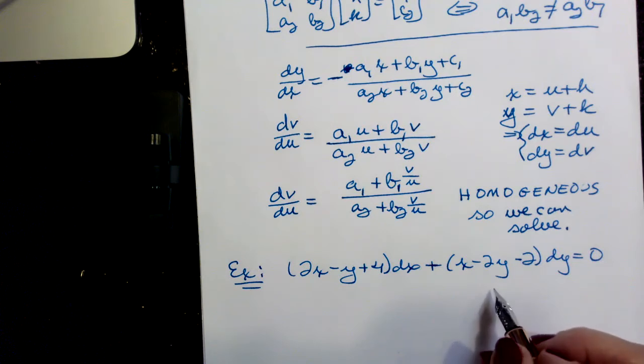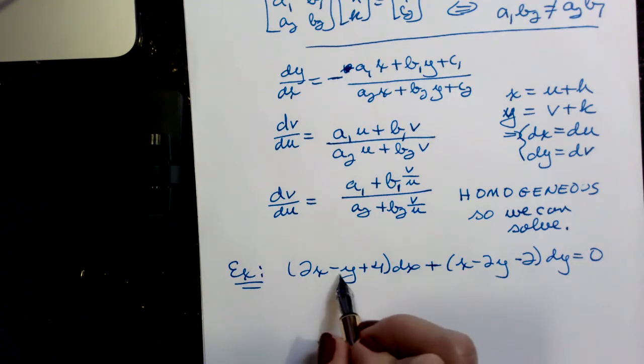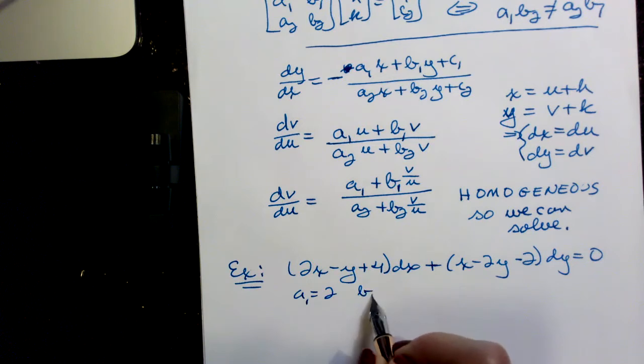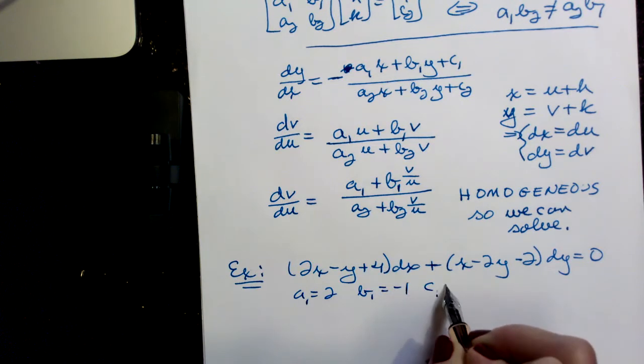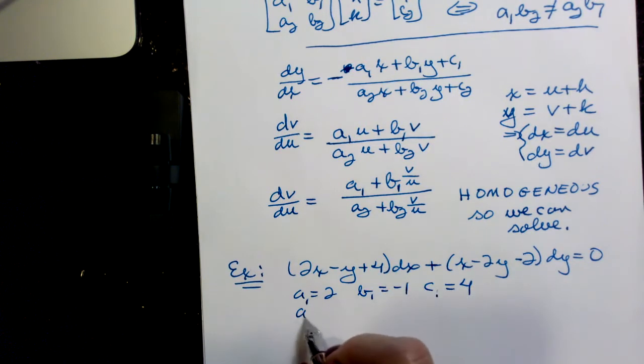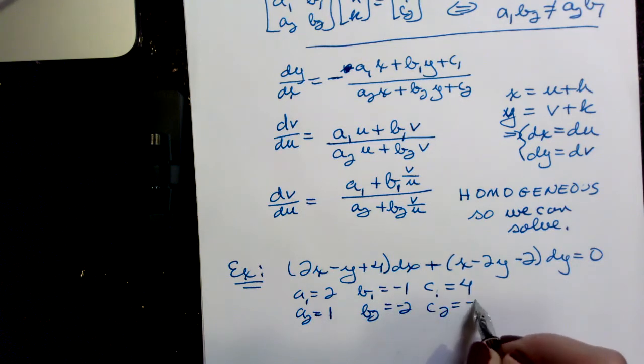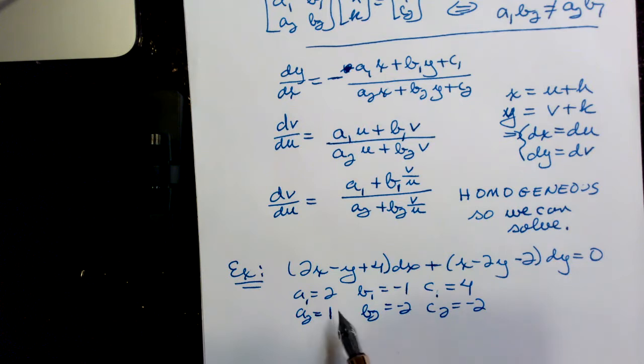Now a1 is 2, b1 is minus 1, c1 is 4, a2 is 1, b2 is minus 2, and c2 is minus 2. So if we look at a1 b2 minus a2 b1, that's not 0 because you get minus 4 plus 1, that's not 0. So we're in that third case.